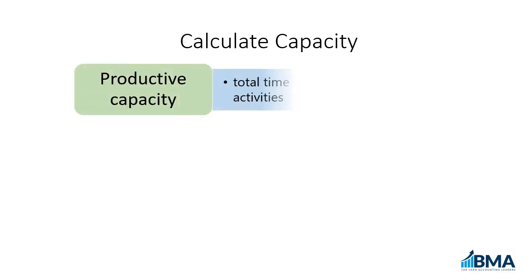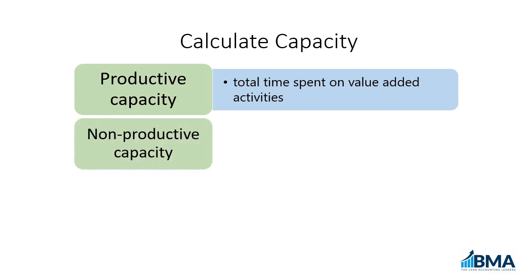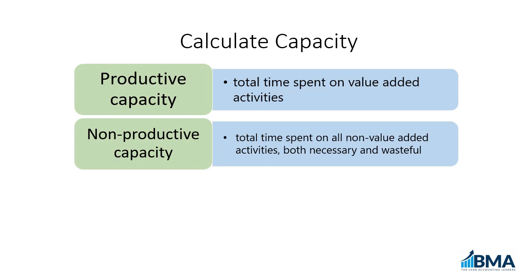So after you've collected the data, the next step is to actually do the calculations. Okay? Productive capacity is the total time spent on value-added activities. Non-productive is the total time spent on all of the non-value-added activities, both necessary and wasteful.